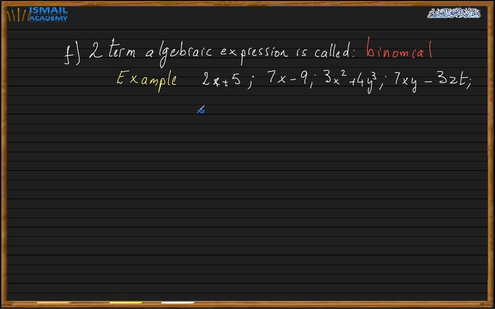If I have three terms, it is called a trinomial. So a three-term algebraic expression is called trinomial.